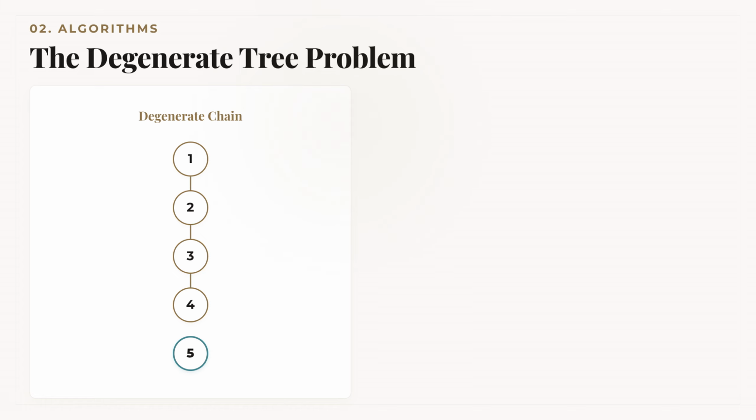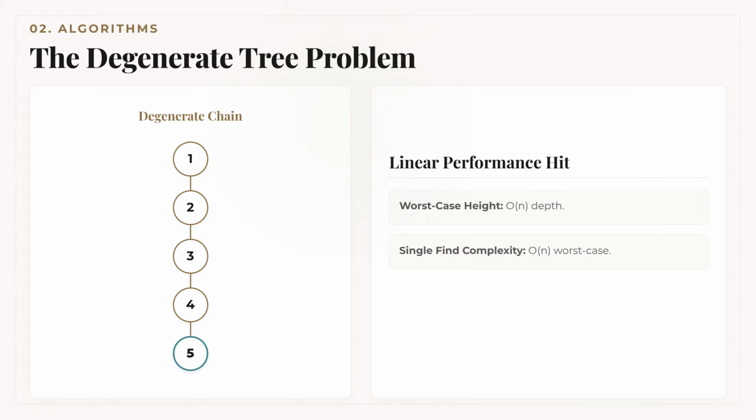The final node becomes the root. This structure is called a degenerate tree. In such a tree, if we want to perform find on element 1, we must travel through every node one by one until we reach the root. If there are n nodes, the find operation requires O(n) time. This is inefficient.